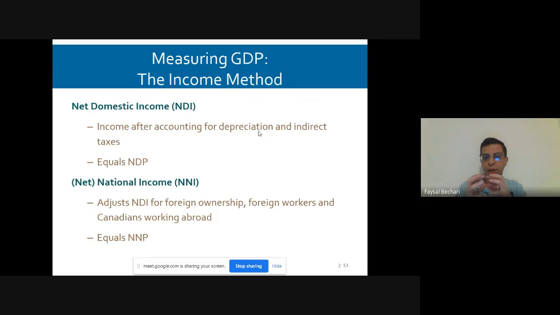If somebody comes in here and owns an estate or land or a factory, they might be taking the money out, so you need to take this into consideration. Or somebody from outside comes in here, works here, and takes the money out. That's also foreign workers. And Canadians who are working abroad and bringing money in, that's a positive thing for the national income.